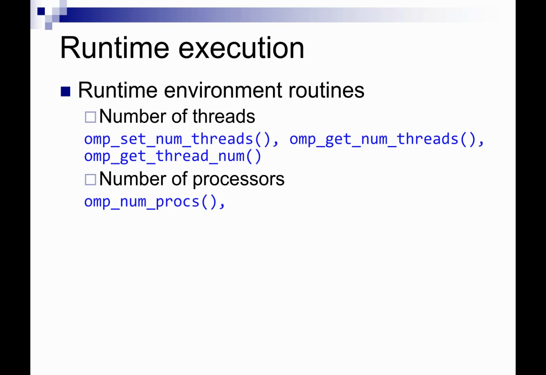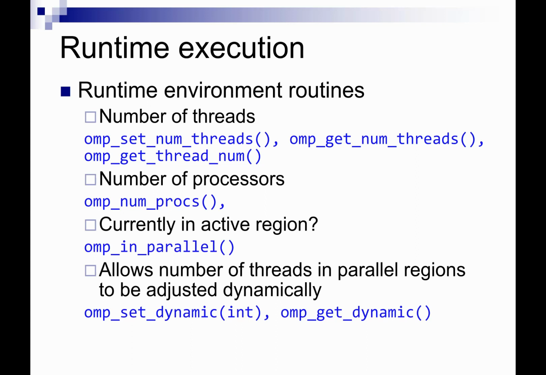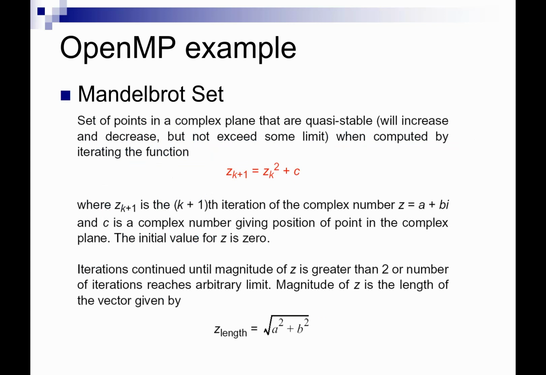You can find out how many processors you have, because it might be a multi-core, multi-processor system. You can find out whether you're currently in an active region or not, and you can even dynamically adjust the number of threads in a parallel region. So that basically describes how we use OpenMP.